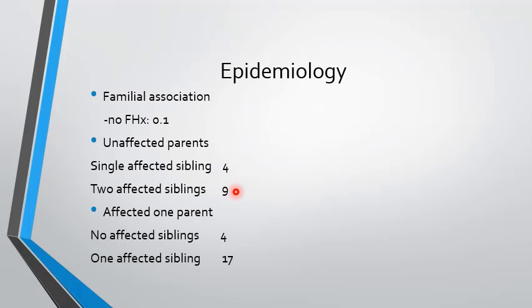If we have two affected siblings, the third one will be affected at a percentage of 9%. If one parent is affected and no affected siblings, then the children have a percentage of 4. If we also have one affected sibling with one affected parent, the percentage rises to 17.